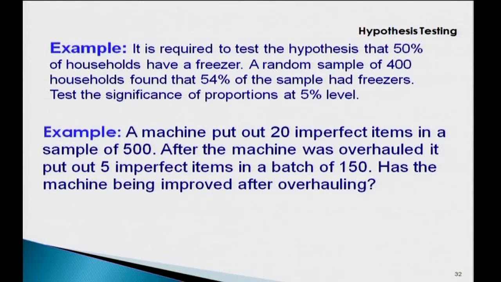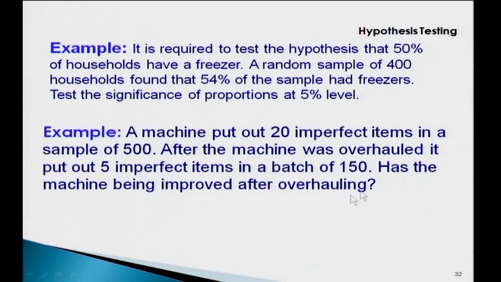The objective behind overhauling is the reduction in imperfect items or increase? Obviously, it will be a reduction, an expected reduction in the imperfect items. It is now 5 out of 150, you can take how much proportion this is, and initially how much proportion it was. So, now this is a case of two samples, sample 1, sample 2.